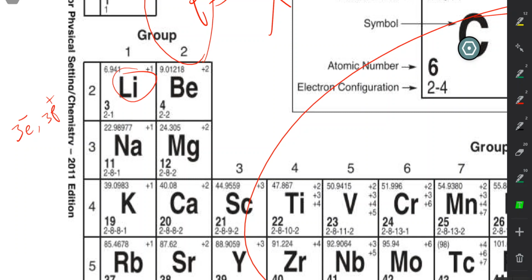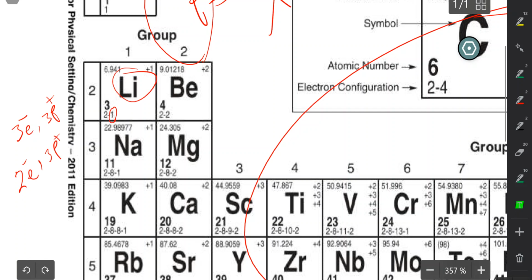If lithium loses a single electron, in this case the valence electron that it has, it will have only 2 negative charges, but it will still have the 3 positive protons. If you do the math, you find out that the overall charge will be +1.